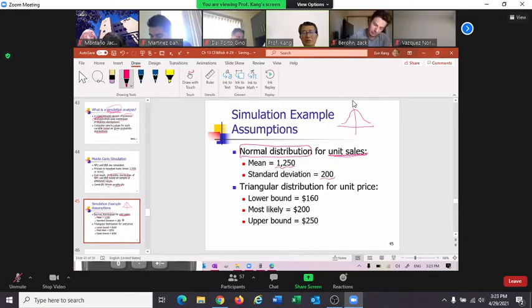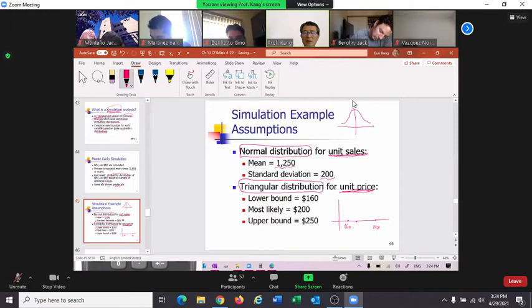That is what you specify. But for unit price, use a triangular distribution. Lower bound 160 and upper bound 250. Then most likely is 200. So around here.